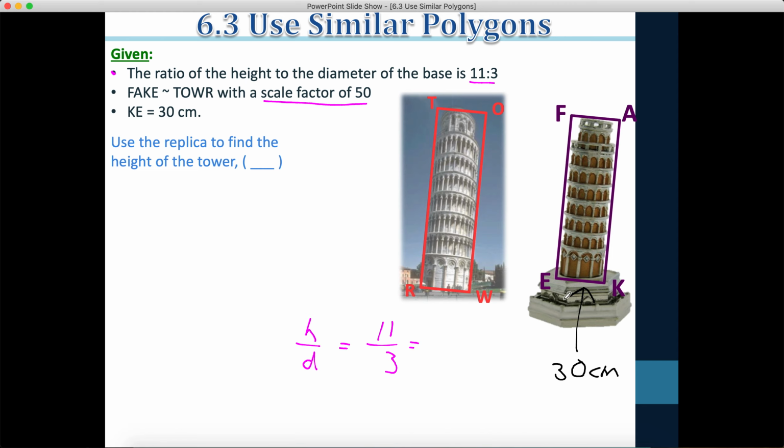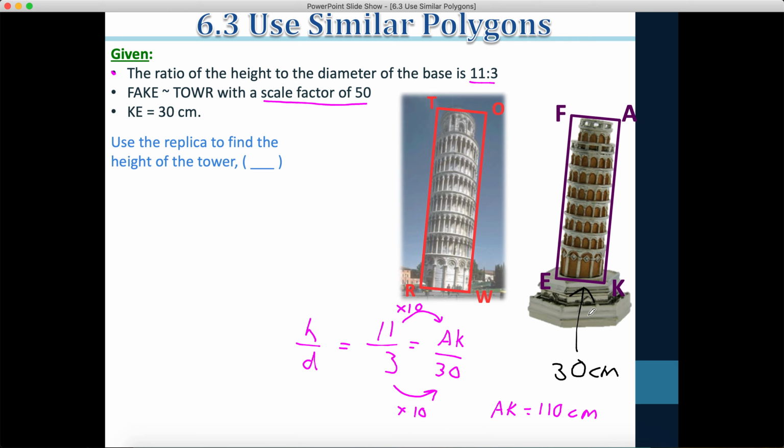So the height to diameter ratio of the fake model is AK, whatever that is, to 30. And now if I want to solve for AK, I could do this a couple ways. I could cross multiply, that's fine. I could acknowledge that the fraction on the right seems to be the values of the fraction on the left, but multiplied by 10. So if I do the same thing with the numerator and kind of unreduce this fraction, I get that AK equals 110 centimeters.